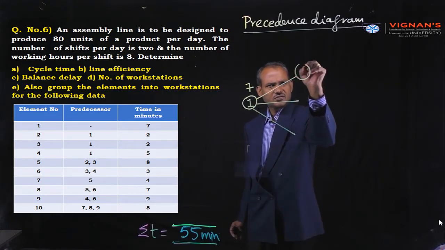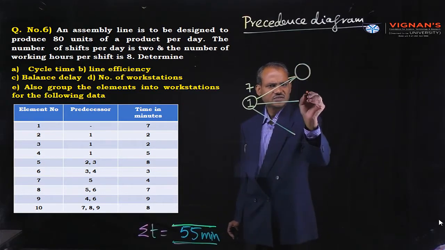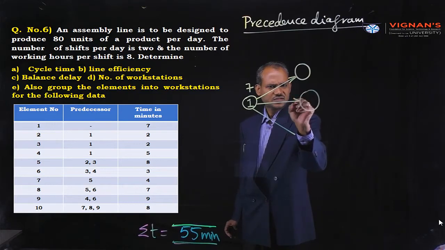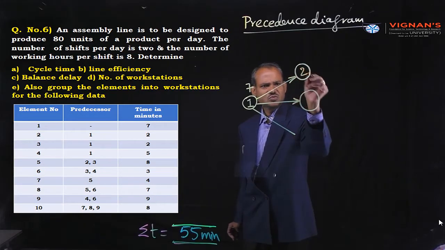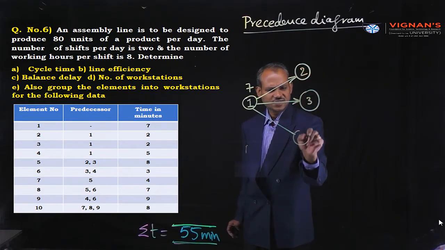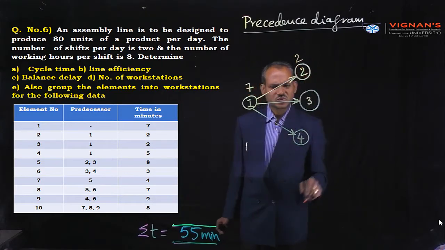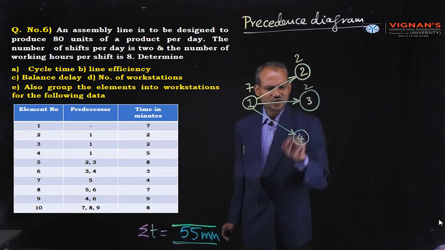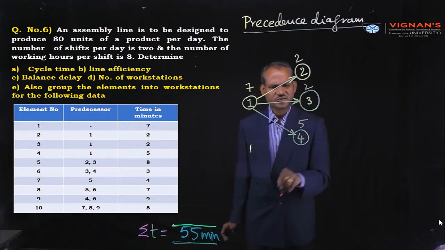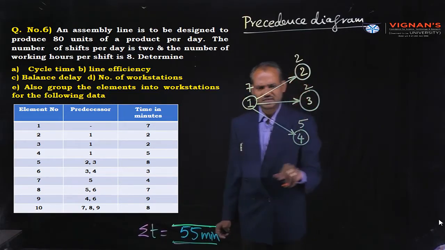Here mark one circle and also put arrow mark. 1 is over, next 2, 3, next 4. What are the timings? Element number 2 and 3 also 2, element number 4, 5 minutes. These are the operation timings.